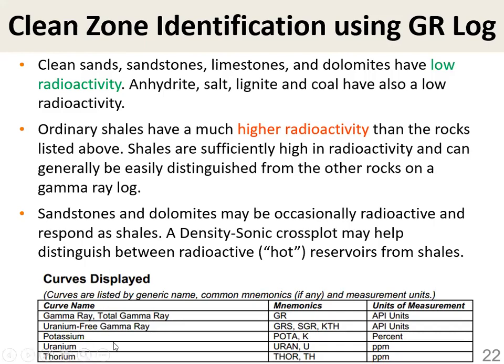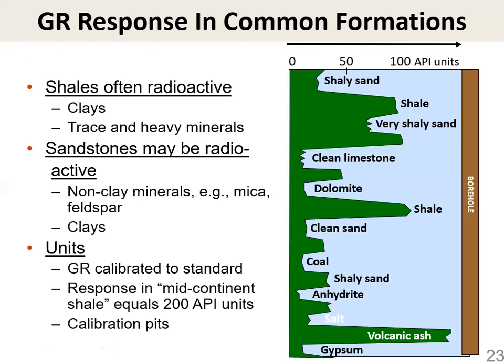What you have here is just the mnemonics for the gamma ray tool. Typically what we'll be dealing with is API units, but it will be in ppm if you have elemental display on your plots. Earlier I showed the SP display, and this is for gamma ray.